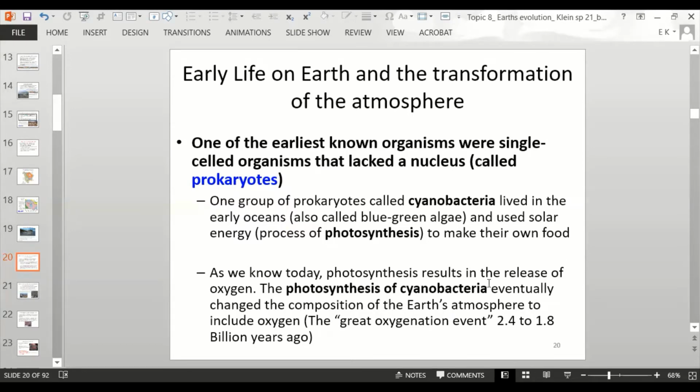So the photosynthesis of all the cyanobacteria actually changed the atmosphere of the Earth to have an increased amount of oxygen. We call this the Great Oxygenation Event, and it was about 2.4 to 1.8 billion years ago. So these organisms created an oxygen-rich atmosphere on Earth. So this is showing organisms can actually alter the Earth.